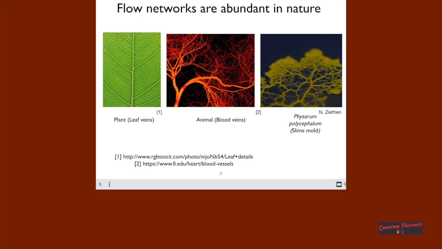They're of course seen in animals as blood vasculatures, the blood veins, and they're also seen in organisms like Physarum polycephalum, which is an amoeboid organism, a single cellular organism but with multiple nuclei, and it grows in the shape of a flow network.